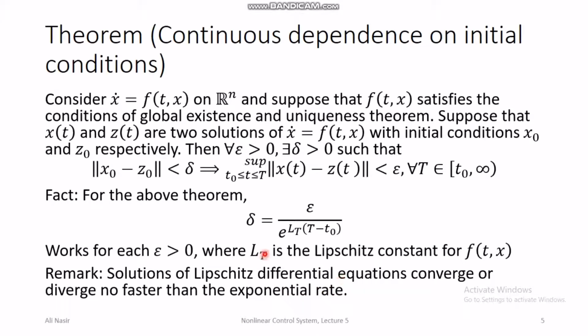So this exponential rate gives us that conclusion or remark: if there is a certain difference between initial conditions, then the initial difference times some exponential rate would be the maximum possible difference between the trajectories. So that's about the dependence upon initial conditions.